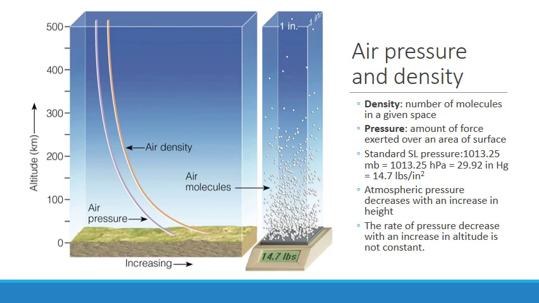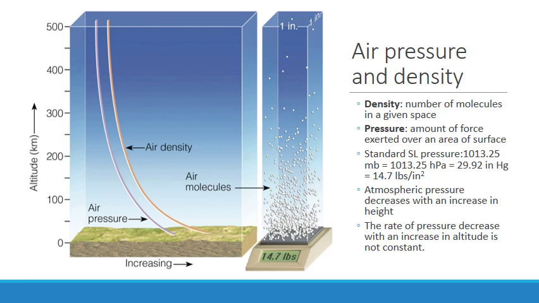At an altitude of 100 kilometers, the atmosphere is so thin that the density of air is less than could be found in the most perfect artificial vacuum at the surface. Nevertheless, the atmosphere continues beyond that point to even greater heights. So the graphic portrayal of pressure in this figure shows that the rate of pressure decrease is not constant.